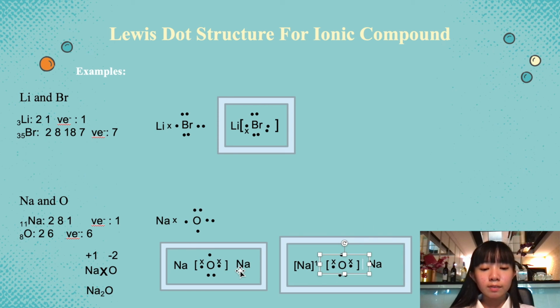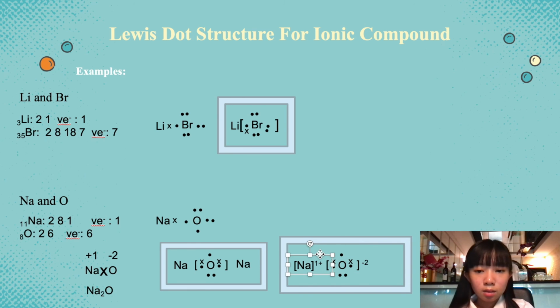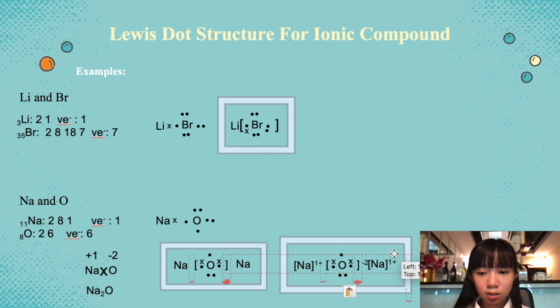Now the oxygen is receiving 2 electrons, which means there will be negative 2. So this is another way of expressing the Lewis dot structure for an ionic compound.